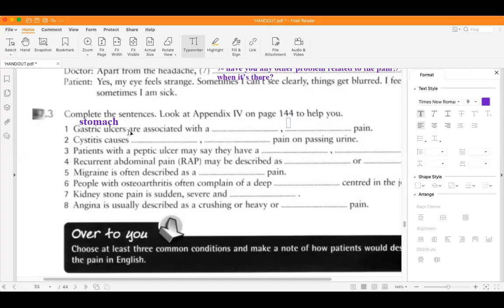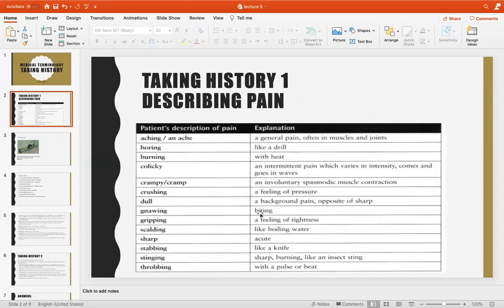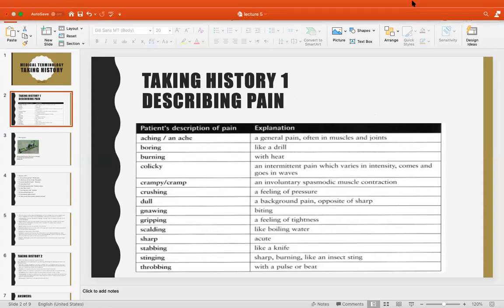So gastric ulcers are associated with, here in this part we will describe the pain. You can see in this table some of the words that describe pains. For example, we have aching or an ache, a general pain often in muscles and joints.